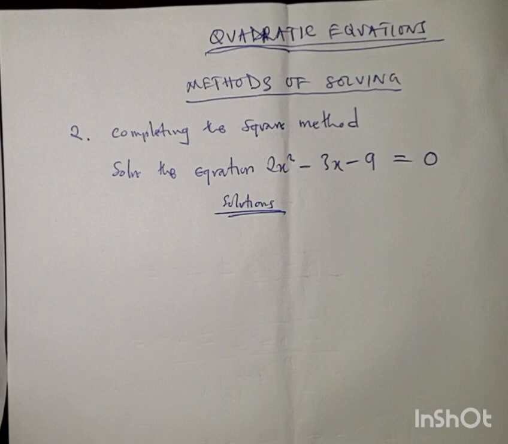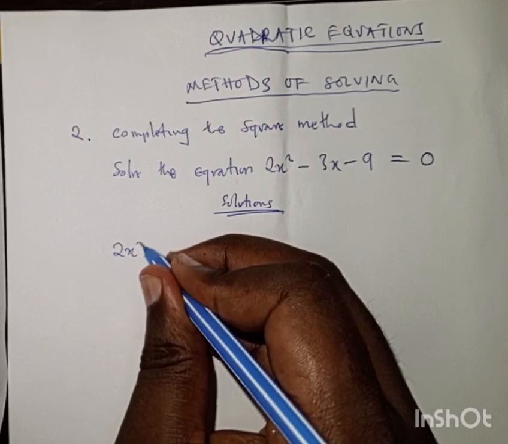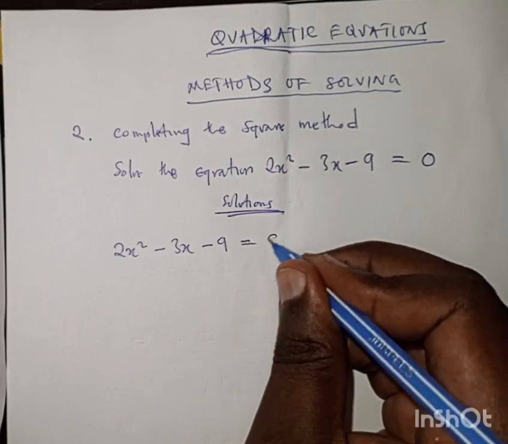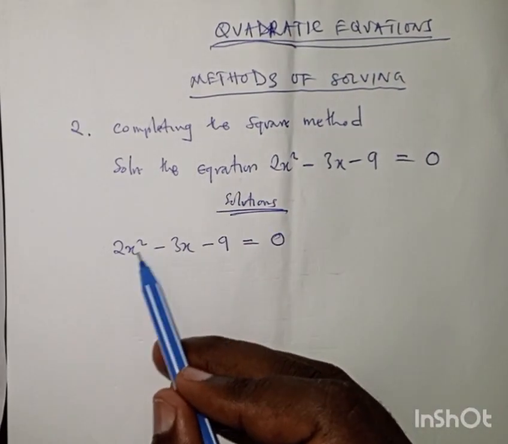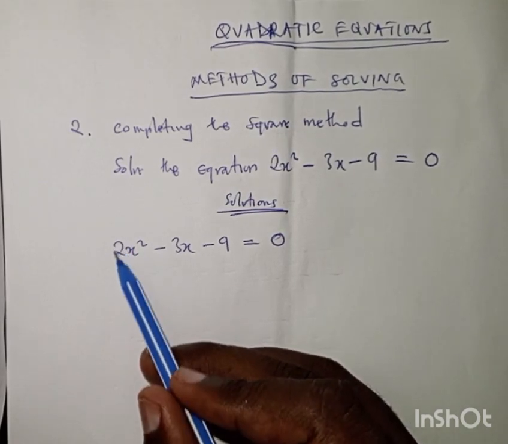So step 1: always when you are solving quadratic equations using completing the square, the first step is to make the coefficient of x squared be 1. In this case, our equation is 2x squared minus 3x minus 9 is equal to 0, and the coefficient of x squared here is 2.